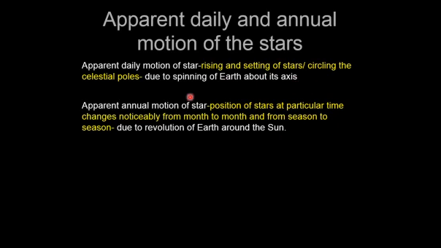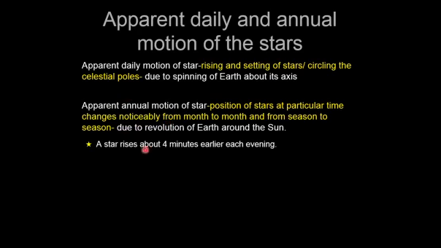Revolution is moving around the sun, while rotation means rotating, just like rotating a coin. It will be rotating about itself as well as moving forward somewhat, isn't it? So that accounts for the apparent daily motion and apparent annual motion of the star.